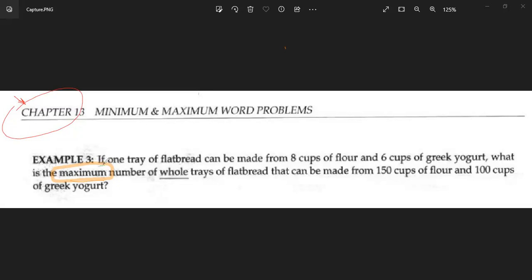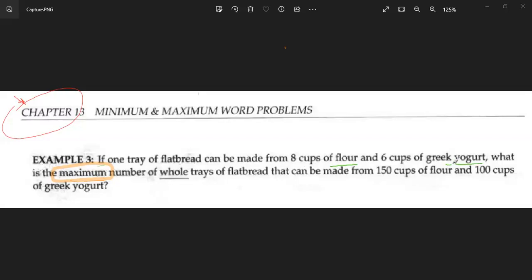Example 3 is already solved in the College Panda book, but maybe it's not clear, so my dear student sent it to me for more explanation. He mentioned that one tray of flatbread can be made from 8 cups of flour and 6 cups of Greek yogurt.